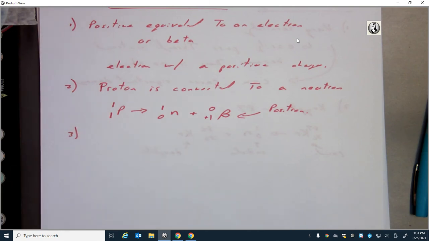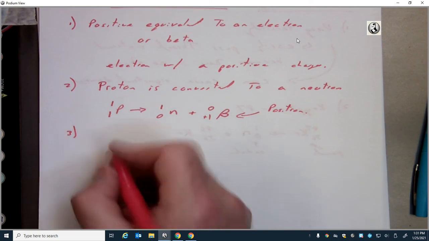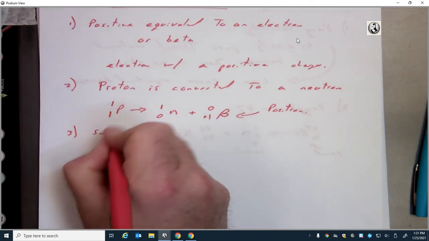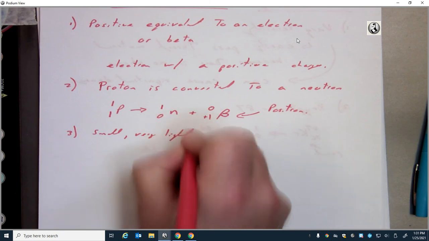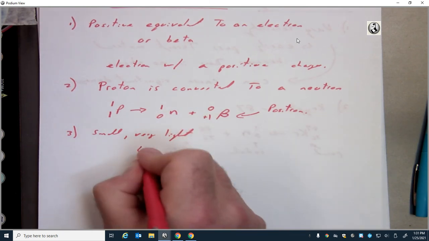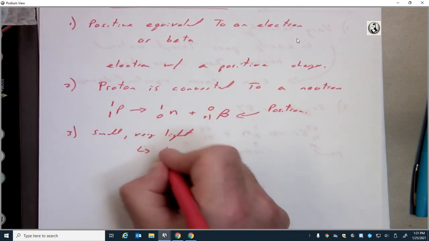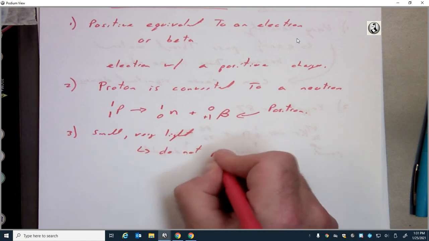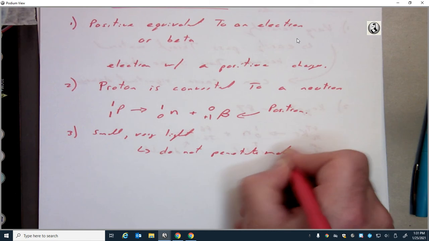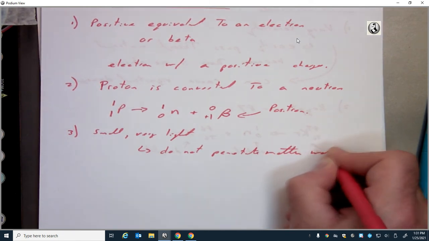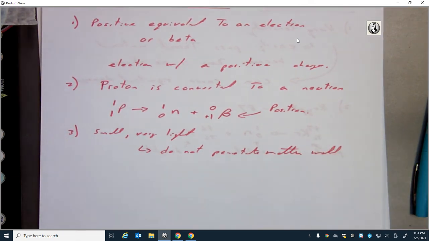Well, just like that beta particle, it's small and very light. And it doesn't penetrate well. They don't penetrate matter well.